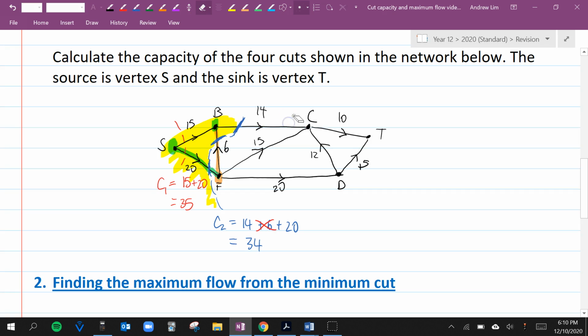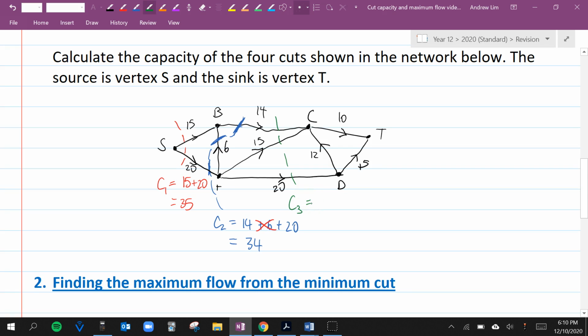Alright, let me get rid of all this. Right, what if I want to do a different one? Let's say I want to do a cut right down the middle. We'll call that cut 3.